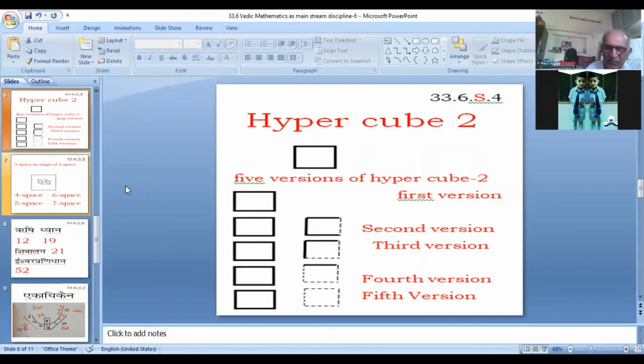These 5 versions are the representative or regular bodies of the 5 geometries range of 2 space. 2 space has 5 geometries range. Hypercube 2, the representative regular body of 2 space in 4 space, has 5 versions.